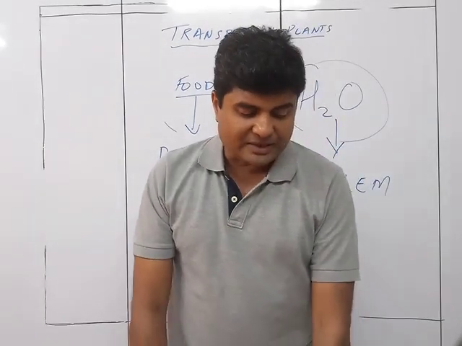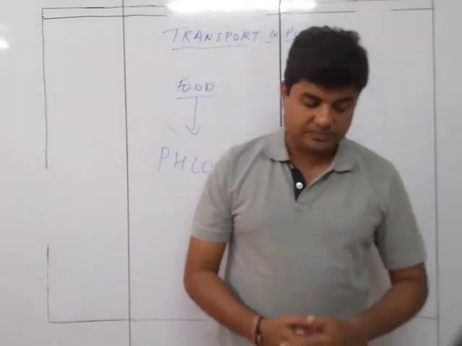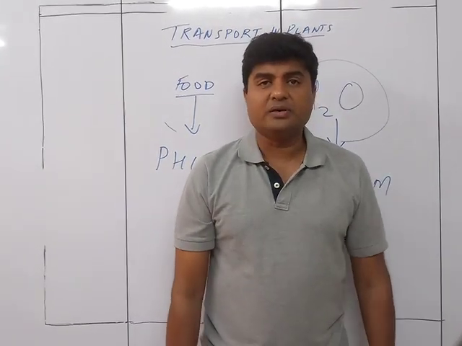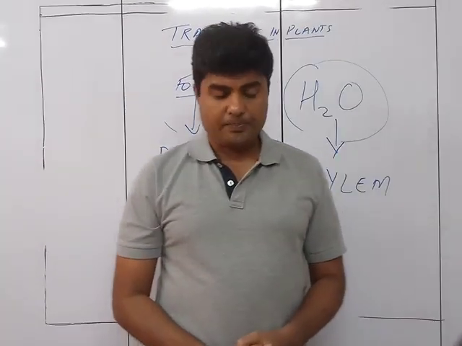The xylem tissue consists of four types of cells: xylem tracheids, xylem vessels, xylem fibers, and xylem parenchyma.